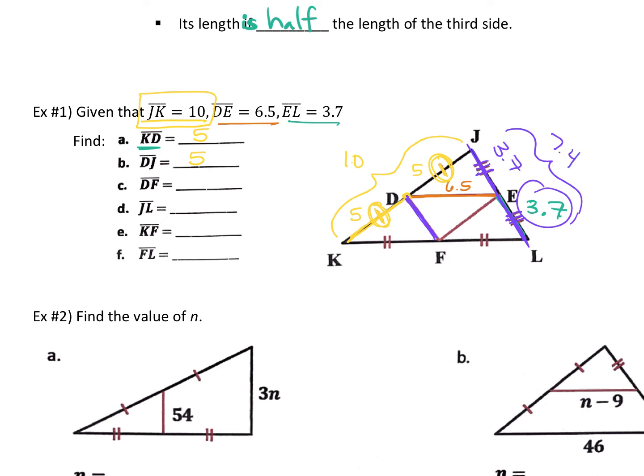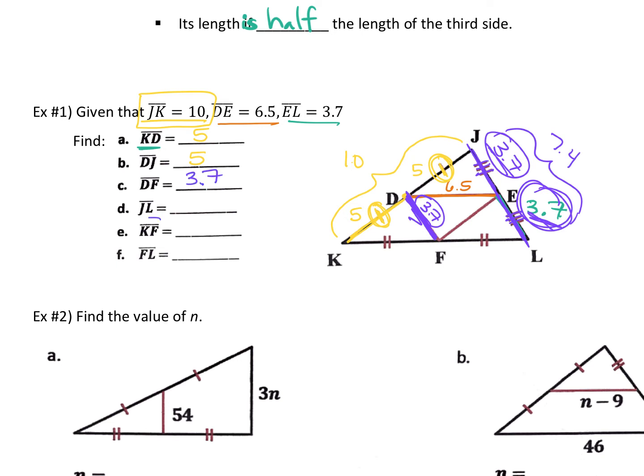But that means that DF is what? 3.7, right? So here's the thing. Do you see this? If we're looking at each individual piece, the two smaller ones are equal to the one across from it, right? 3.7, 3.7, and 3.7. Okay? So DF is 3.7.